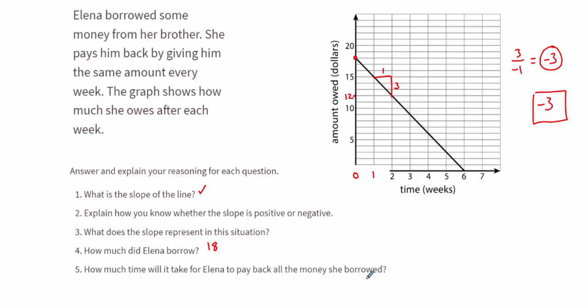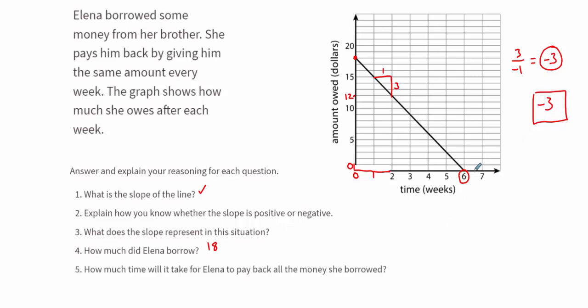And how long will it take her to pay all the money back that she borrowed? Well, if I look down here at when she owes $0, right, amount owed. If I look at $0 when she doesn't owe anymore and go over here, this must be 6 weeks it's going to take her to pay all the money back.